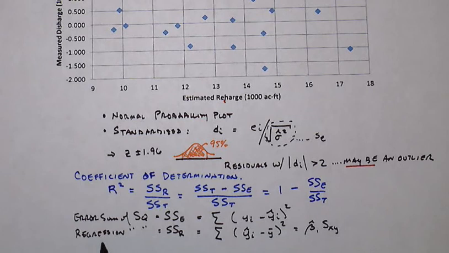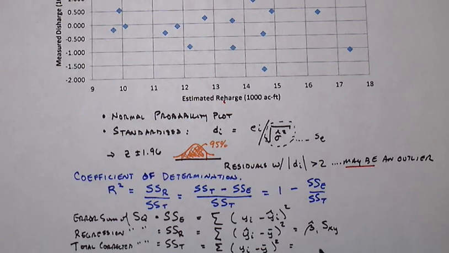And then we get the total corrected sum of squares. That's your SS sub T. That's the sum of the squared differences between your actual y's and the sample average.